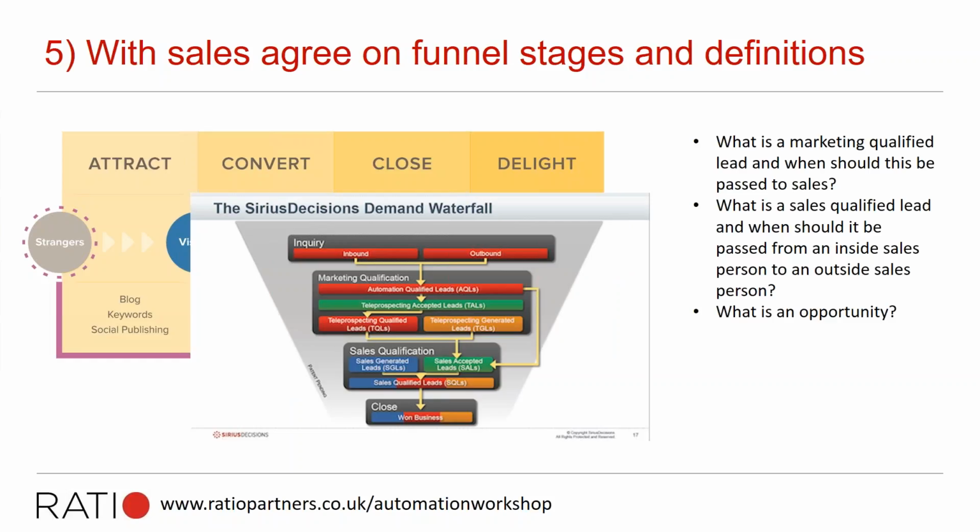It's key to define this with sales earlier on, so you can program this into your automation plans, and then work with sales to optimize it on a continual basis. And then it goes throughout the rest of the process in terms of what is a sales qualified lead, what is an opportunity, do we have a common agreement within the business to understand what deal stages are, value, the probability of converting to a sale, for example.